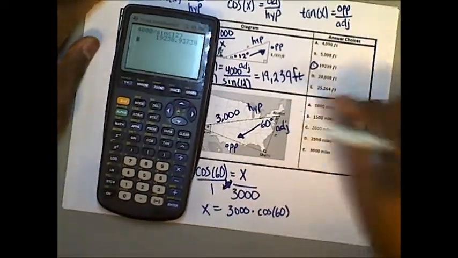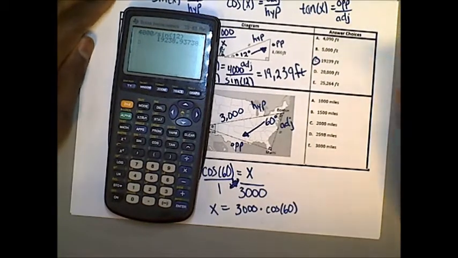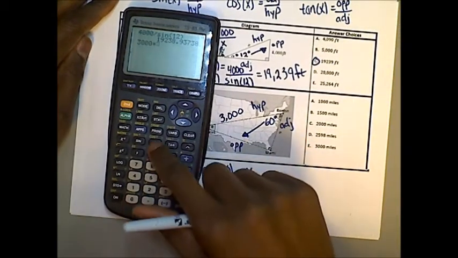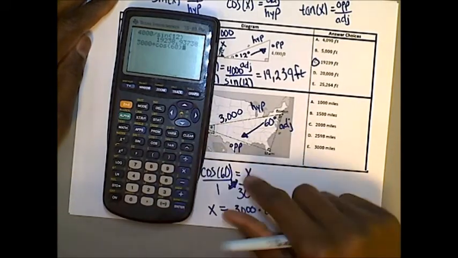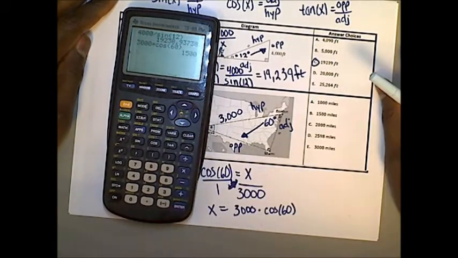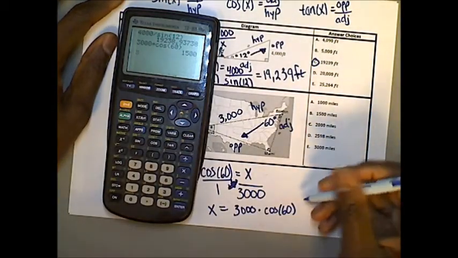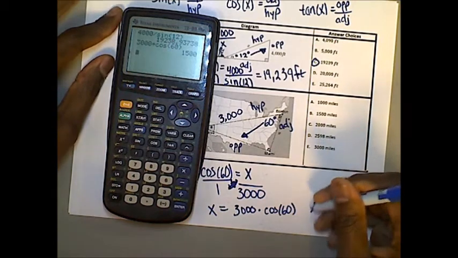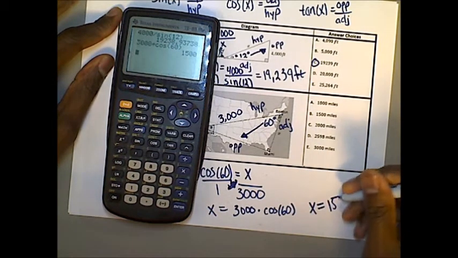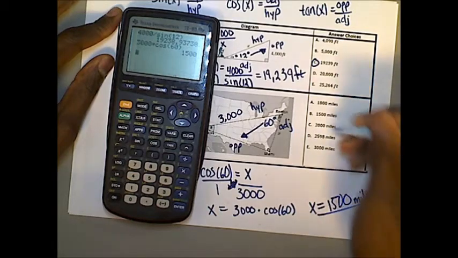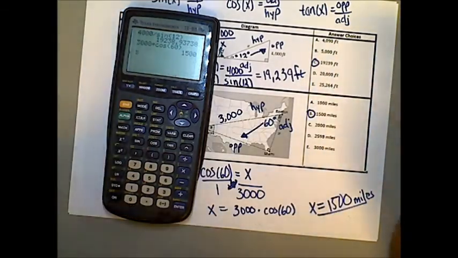Once again, make sure it's in degree mode. So I'm going to do 3,000 times the cosine of 60 and get 1,500. It's almost like the cosine of 60 is 1/2. So the answer for x is equal to 1,500 miles, and the answer there is B.